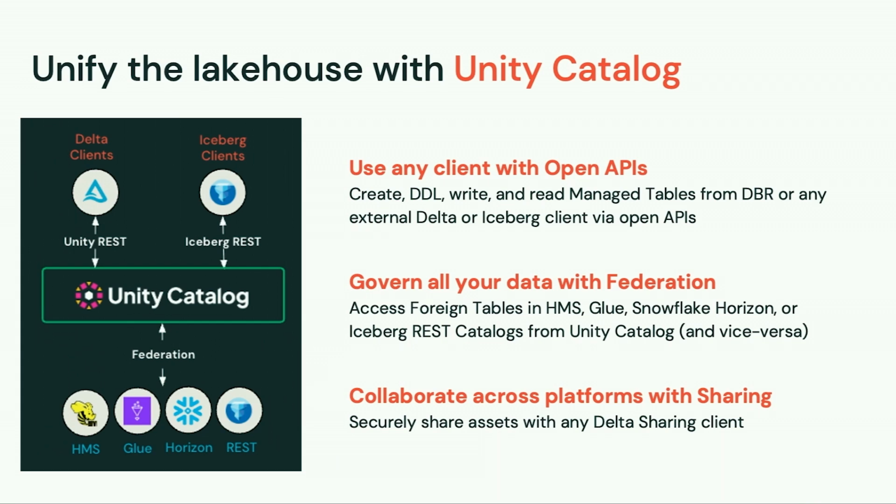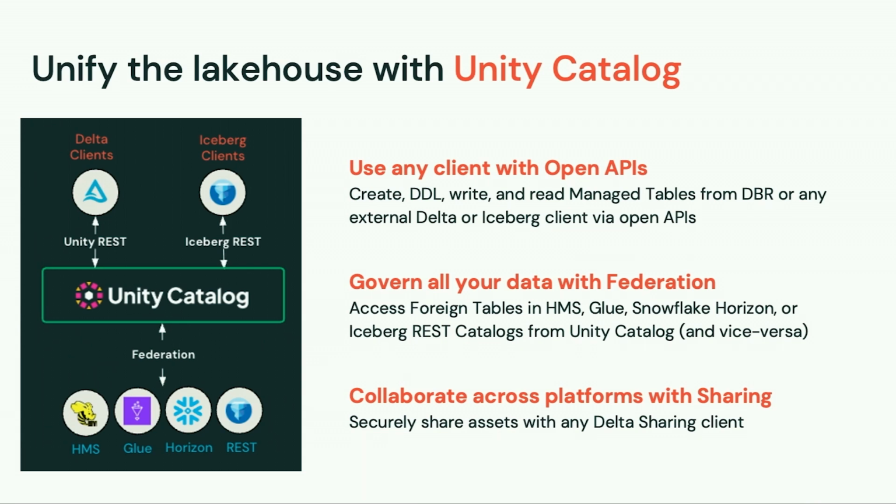You can still federate those catalogs to Unity Catalog and then access your data via the Unity Catalog Open API or IRC, which is the Iceberg REST API. So we started this talk about an ideal platform which can give you unified governance. Unity Catalog is that platform, where you get that unification via Lakehouse Federation, Catalog Federation, and the open APIs.